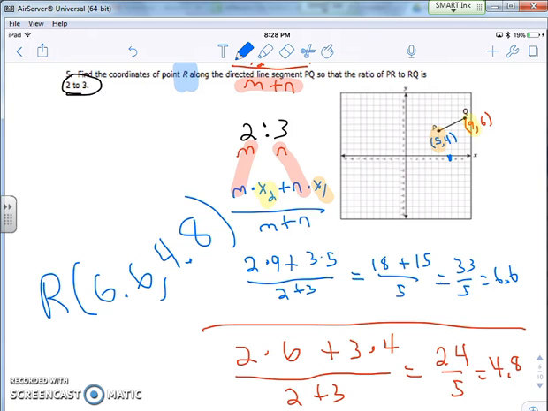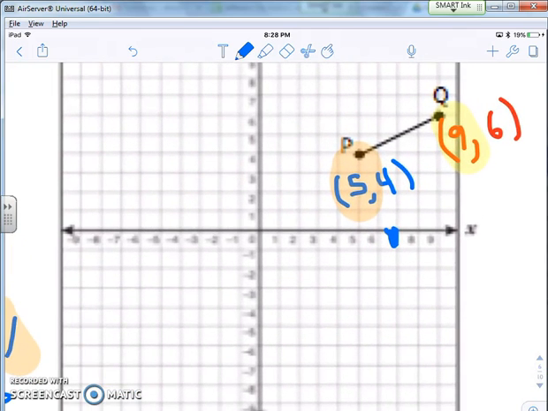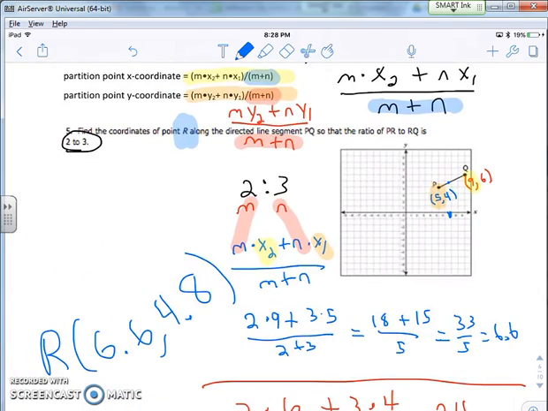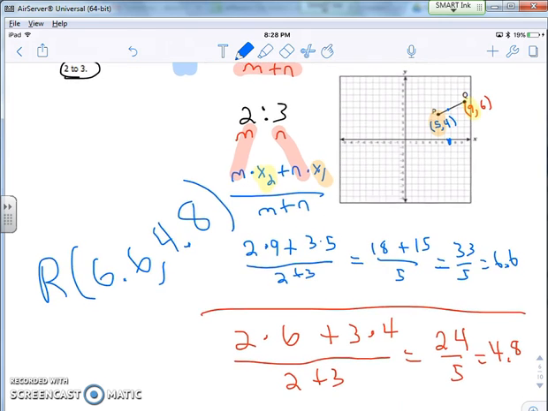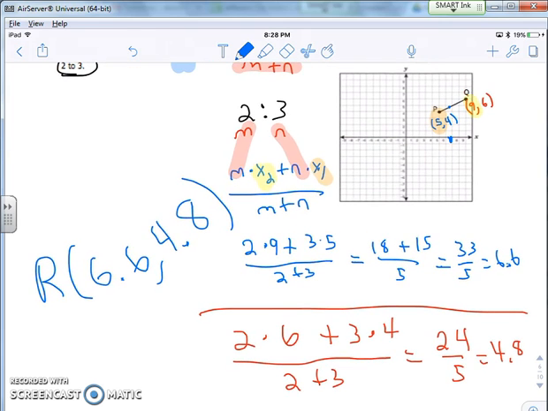And if you look on the graph, 6.6 lines pretty well up with 4.8, right around in there. Pretty neat. Okay, we're going to do a few more of these. Here's the work if you need to pause, come back and work through it. Alright, moving on.